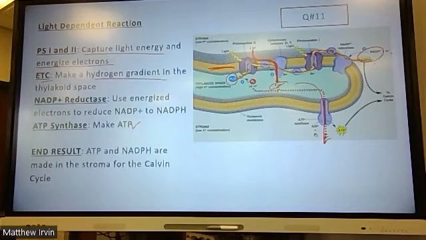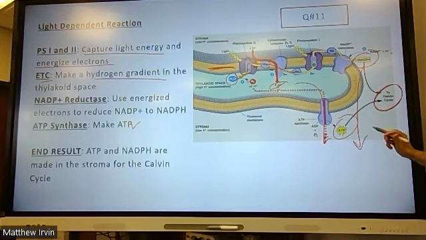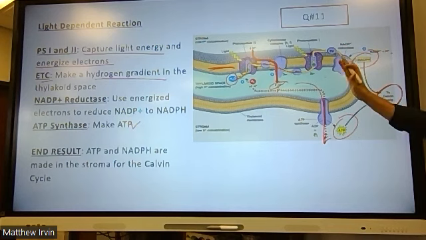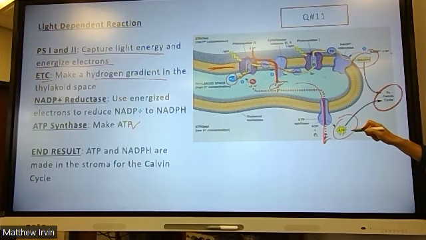All right, so why do we need the NADPH and the ATP? What are they particularly doing? Electron transport? We've already done that. So we've already made that. ATP is going to give the energy to bind CO2 into sugar.